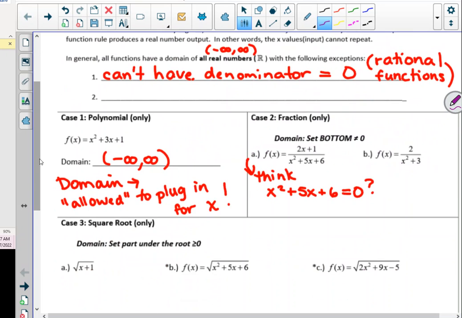Now, just because I have a denominator doesn't necessarily mean the domain is going to kick numbers out. And that's what problem B is about. I have a denominator here of x squared plus 3. And so I'm going to think about x squared plus 3 equal to 0.